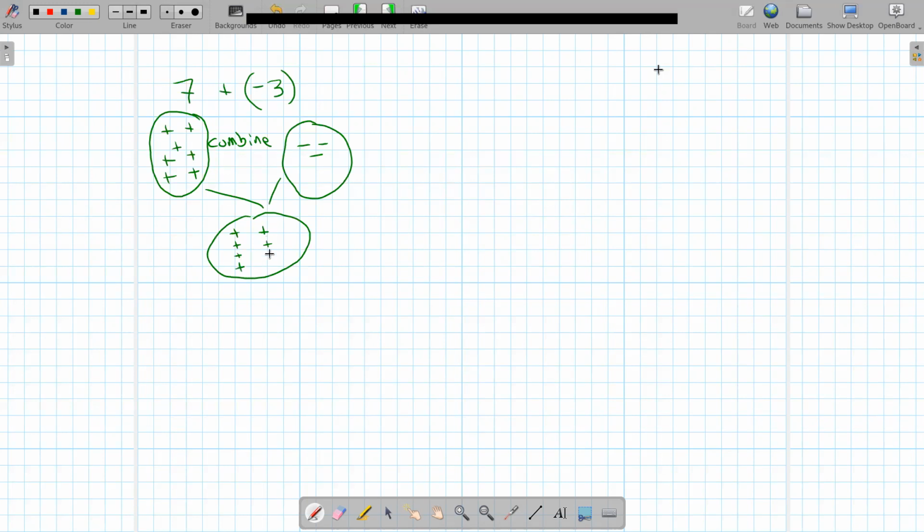So there's my 7, and then maybe I'll put my 3 right there. And I've got a bunch of zeros here, and I can see that that leaves 4. And I can note, hey, this is like 7 minus 3. That's also 4.